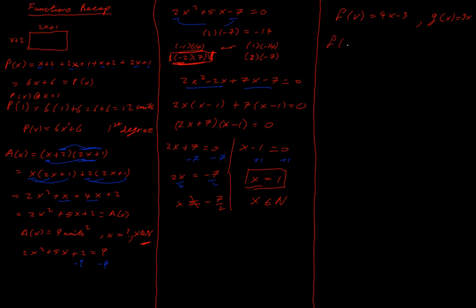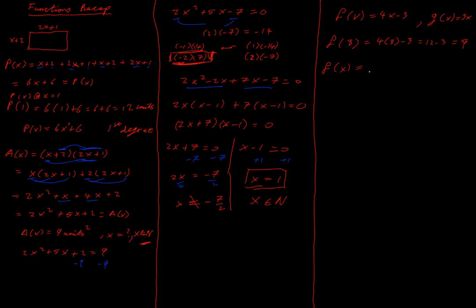If I had a function given by 4x minus 3 and I was asked what f of 3 was, I'd just sub in 3 anywhere I had an x and solve that. And I get 9.